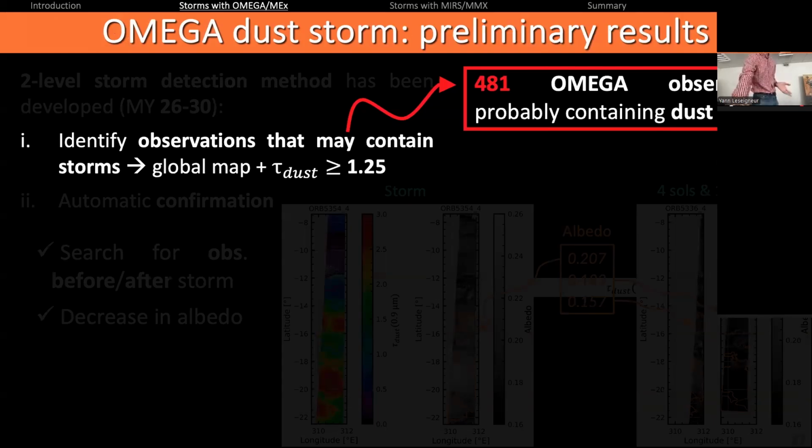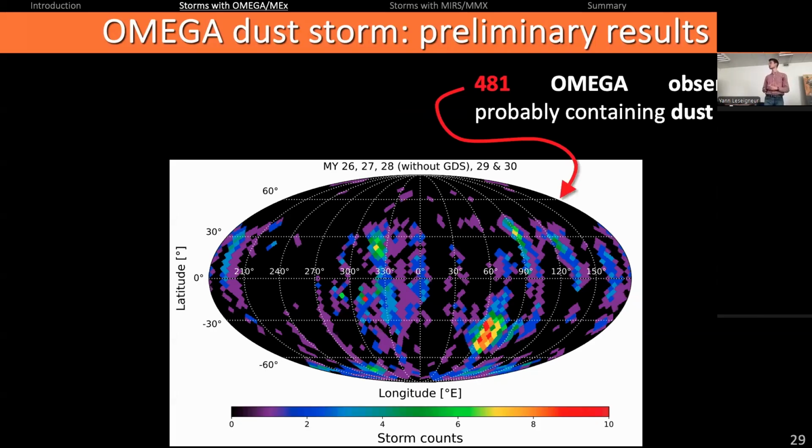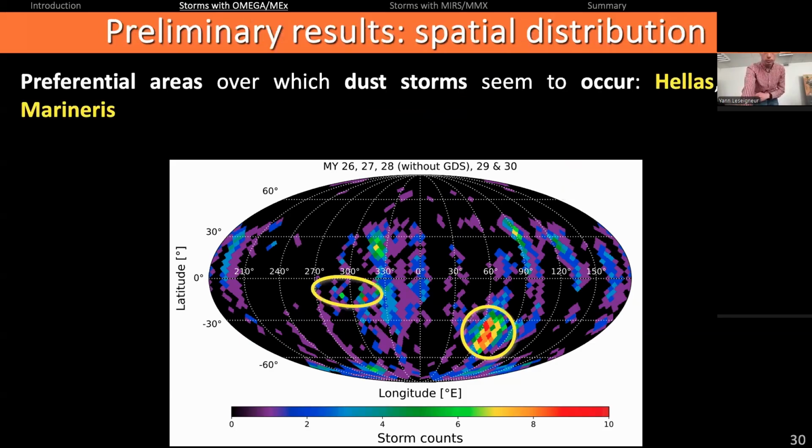With this first level, we select almost 500 OMEGA observations that probably contain dust storms. And we can make some statistics with these observations, for example here by studying the spatial distribution of these observations and potential detections. We can see that we have many detections inside Hellas Planitia, and also various planitiae, which are Martian regions we know to be sources of dust storms.